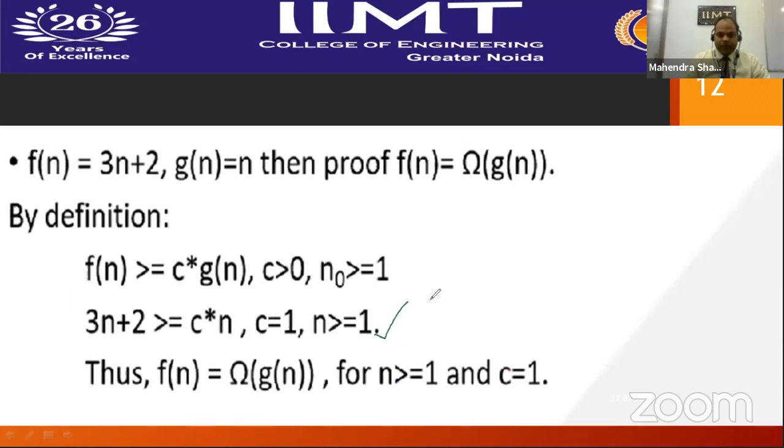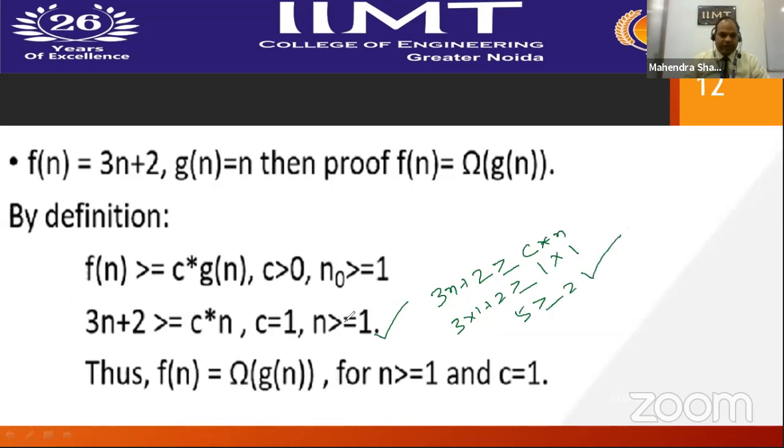Let's check this value. 3n plus 2 is greater than or equal to c multiplied by n. The value of c is given as 1, and n is 1, so 3 multiplied by 1 plus 2, so this becomes 5 is greater than or equal to 1.